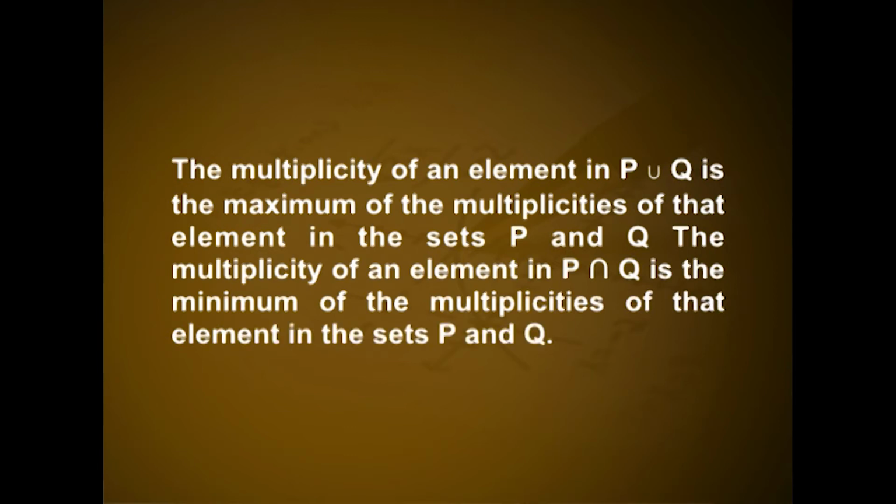The multiplicity of an element in P intersection Q is the minimum of the multiplicities of that element in the sets P and Q. For two multisets P and Q, the multiset P difference Q is a set in which the multiplicity of an element is the difference of the multiplicities of the element in the sets P and Q if the difference is positive and 0 if the difference is 0 or negative.